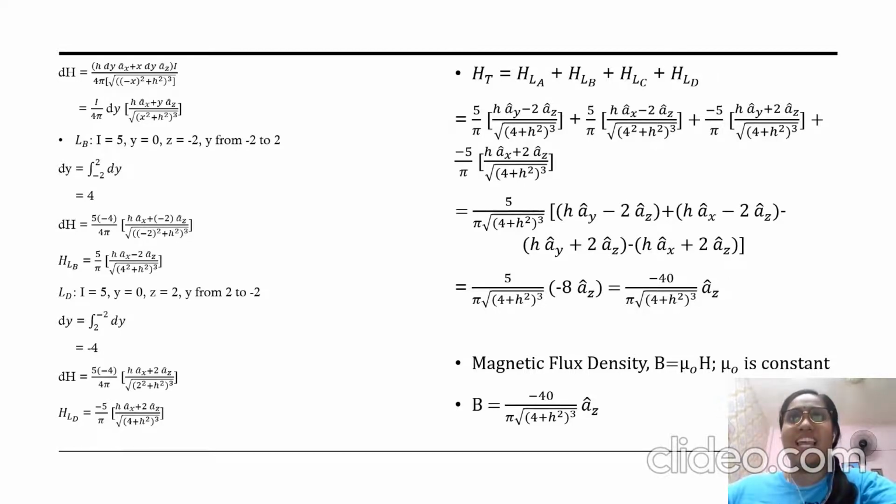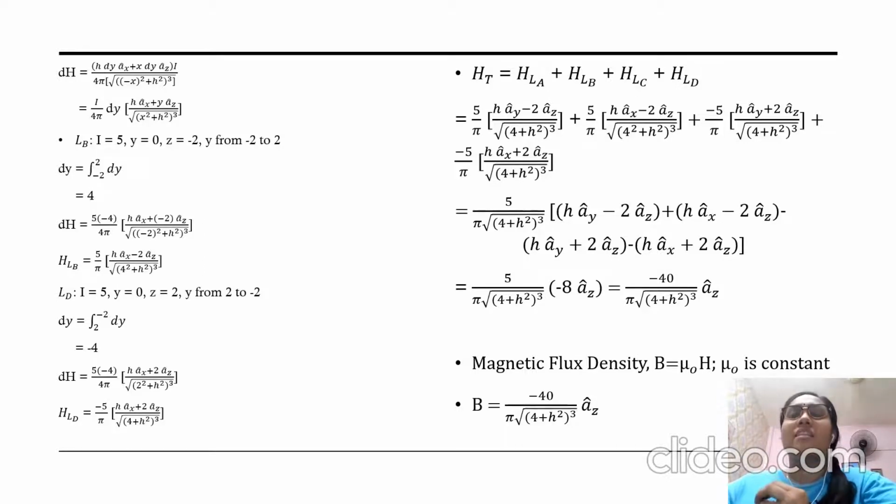It is equal to H_LA plus H_LB plus H_LC plus H_LD. You add all those 4 equations to get 5 over pi times the square root of the whole thing, 4 plus h squared in bracket cubed, times negative 8 az, which equals negative 40 over pi times (4 plus h squared) to the power of 3 over 2 times az.